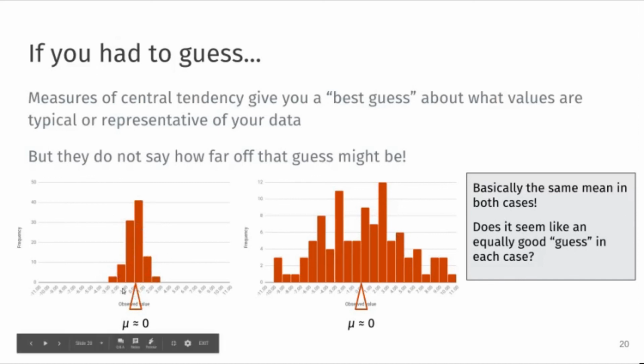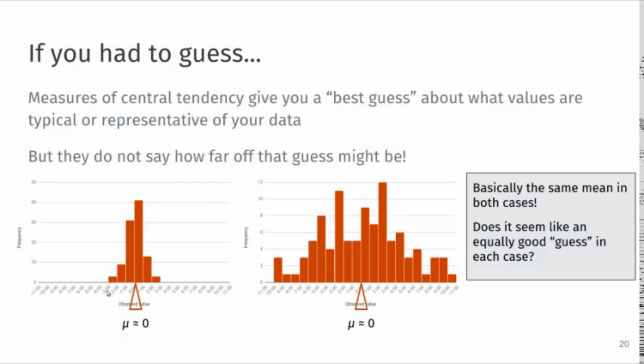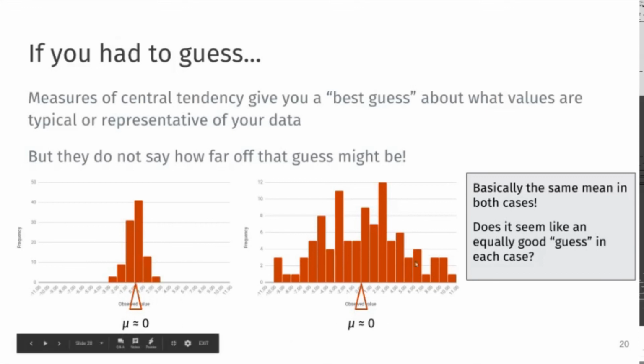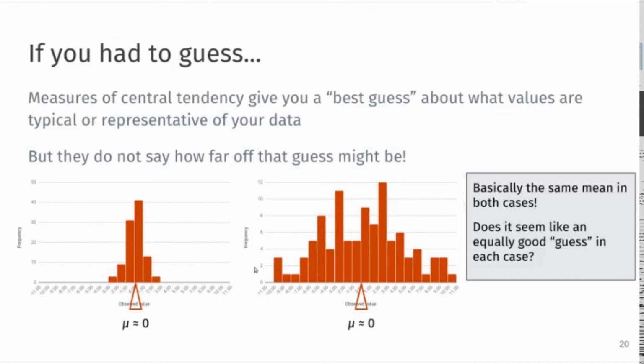In the left situation, data tend to fall between -3 and 3, so that's not too far off from 0, which is our best guess based on the mean. But in this case, oh man, it's all over the place. It goes from -11 all the way up to 11. It's kind of spiky.